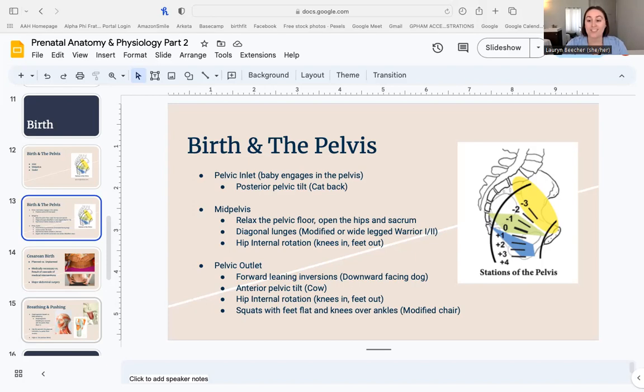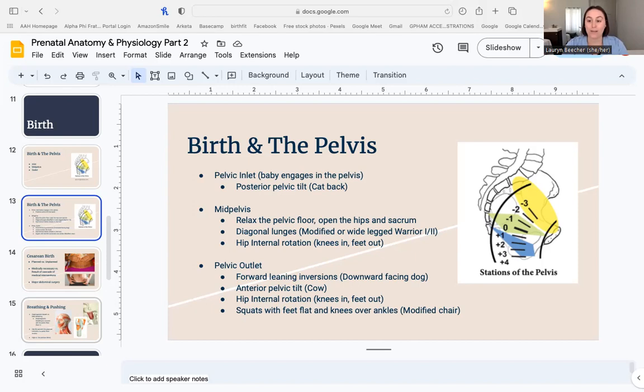Now, how does that change if I keep my knees where they are, but I kick my feet or flare my feet out to the sides? So I bring my hips into internal rotation. What we're hoping to feel there is more stretch, more lengthening between the sit bones, at the area of the pelvic floor and the tailbone.